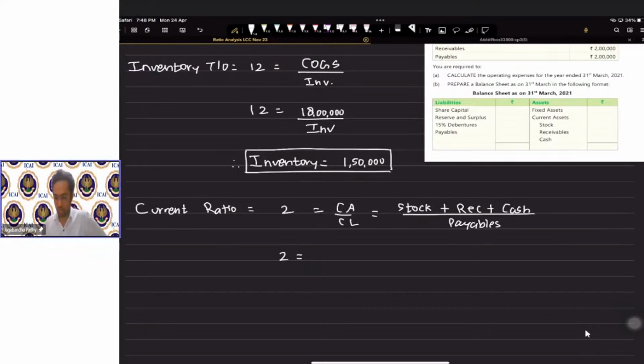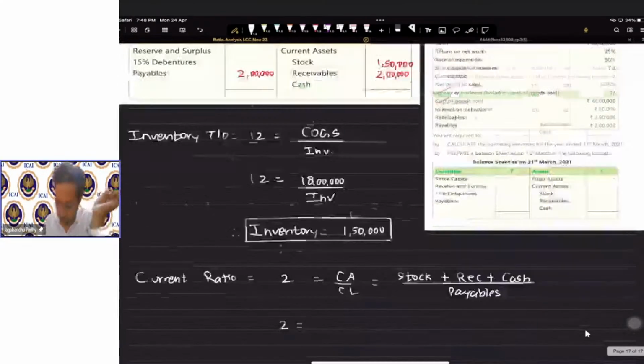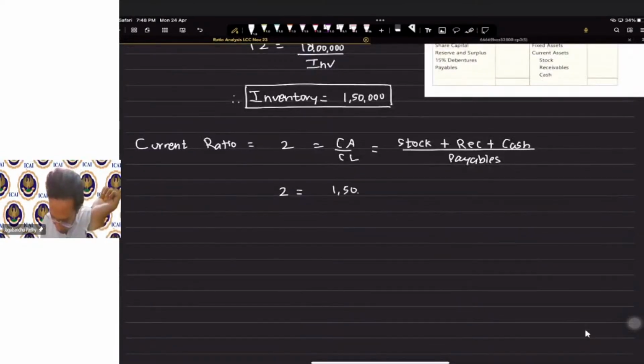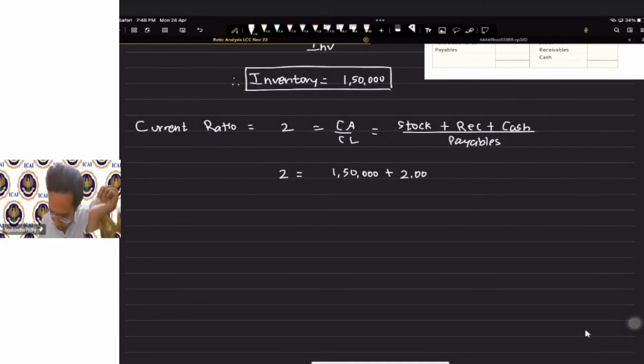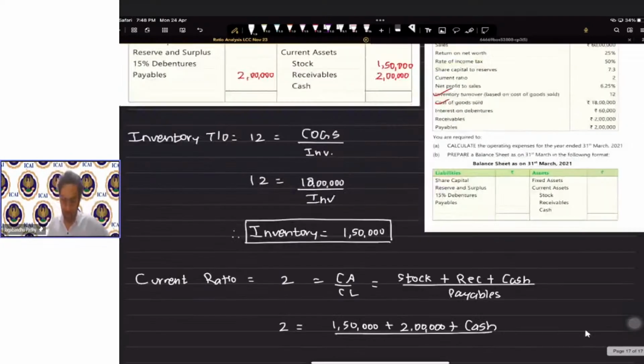This is 2 equal to stock of 1 lakh 50,000 plus receivables of 2 lakh plus cash, upon payables of 2 lakh.